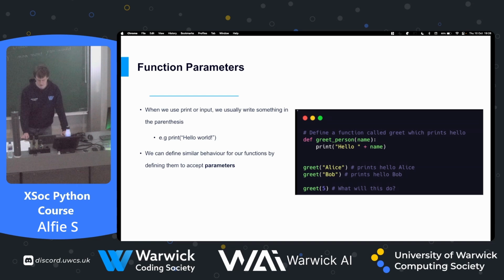We can define our function greet person, and inside we put a variable name. And then inside this whole scope, this whole indentation level, we can reference this variable name, and it will be filled in when it's actually run with what the user gave it. So we can call greet Alice here, and it will say hello Alice. And then when we call greet Bob, it will say hello Bob, and so on.